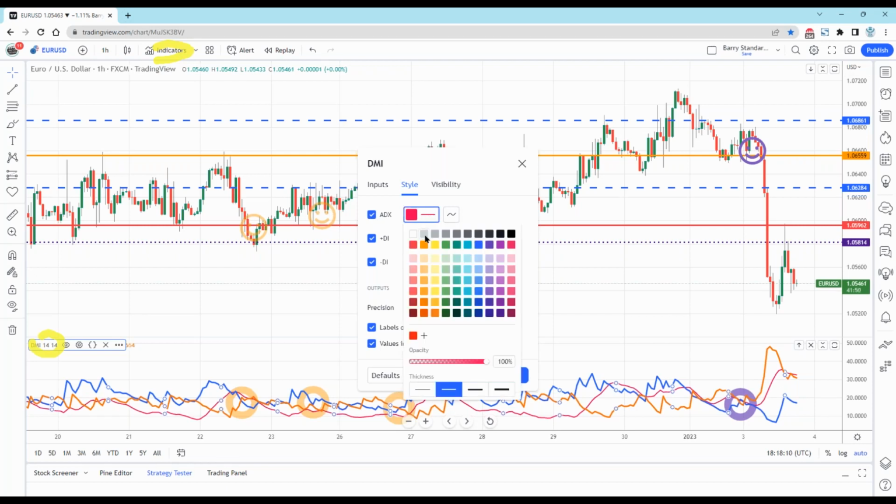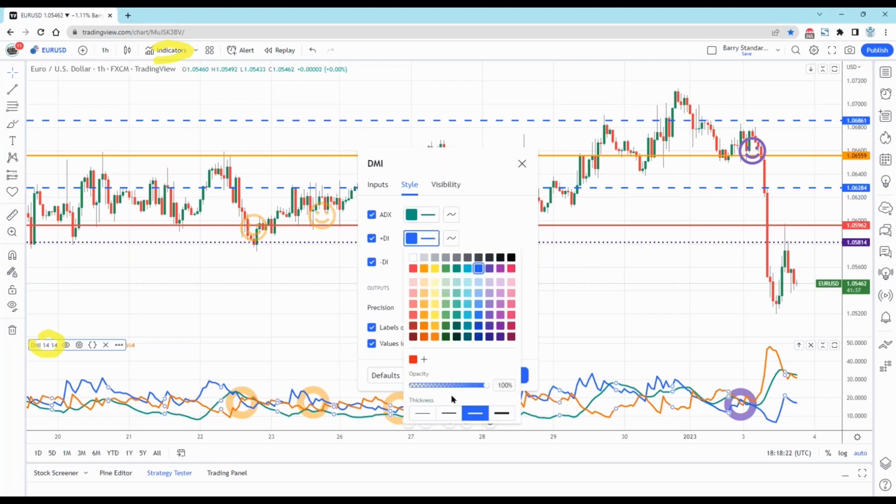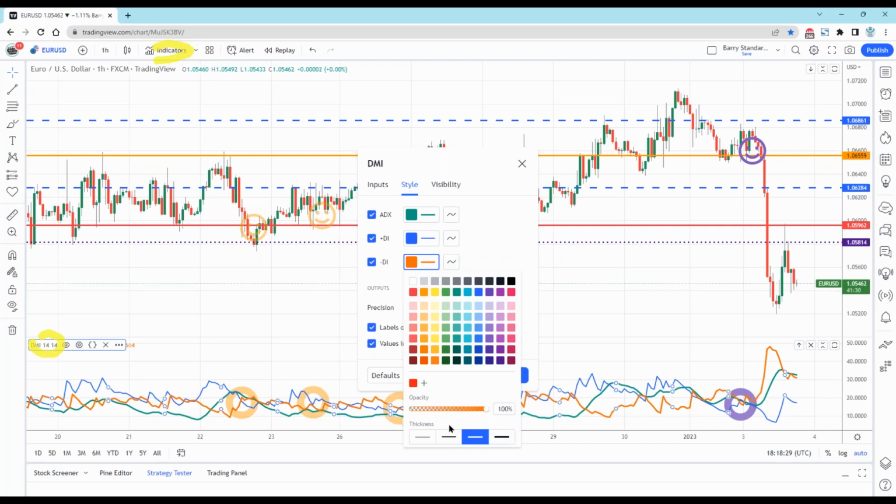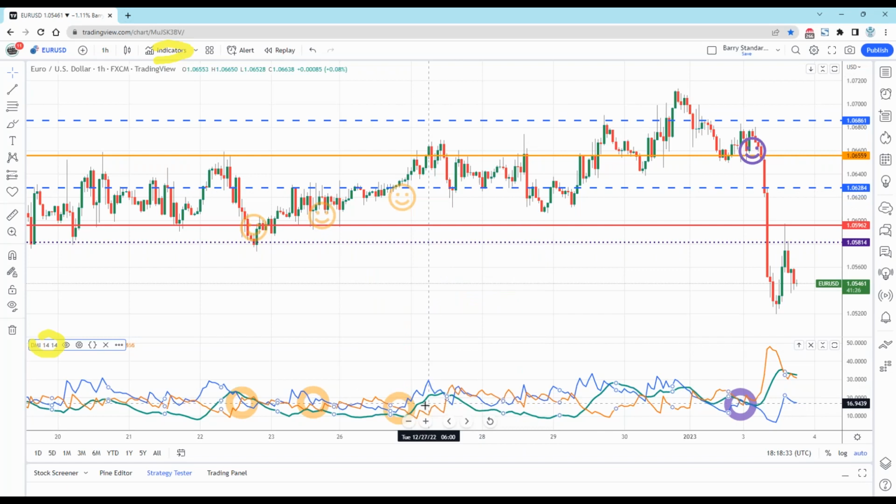I put it in red, but let's put it in dark green, which is easier for you guys to see. And I'm going to make these a little bit thinner now that we've talked about them. So now down below, I've added on the ADX line. The ADX line tells us the strength.